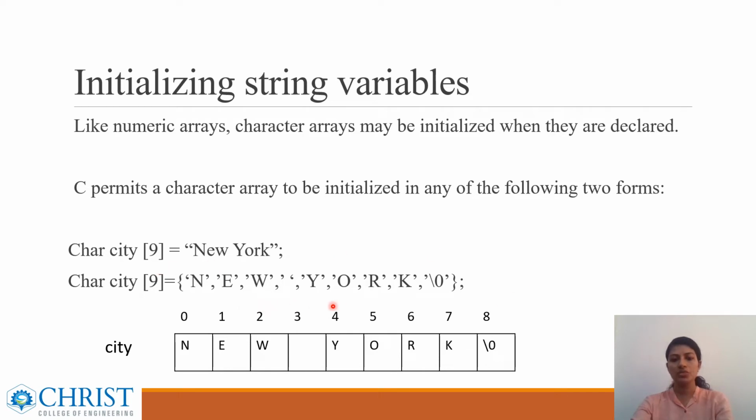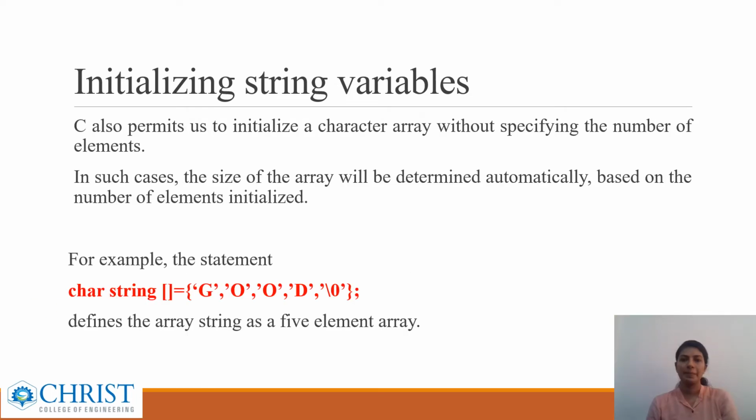This is another way in which we can declare and initialize the variable city, that is char city[9] equal to 'N', 'e', 'w', space, 'Y', 'o', 'r', 'k', and at last we have the \0 character. So these are the two ways in which we can declare and initialize string variables together. Next, we look at another way. The programming language C also permits us to initialize a character array without specifying the size or the number of elements.